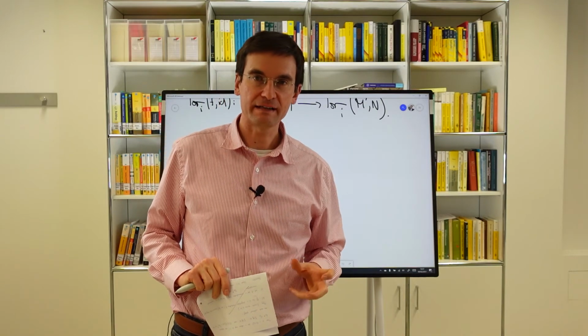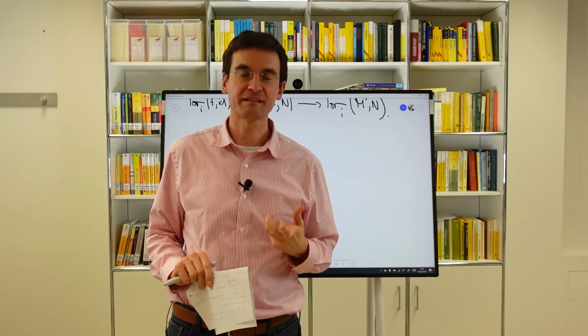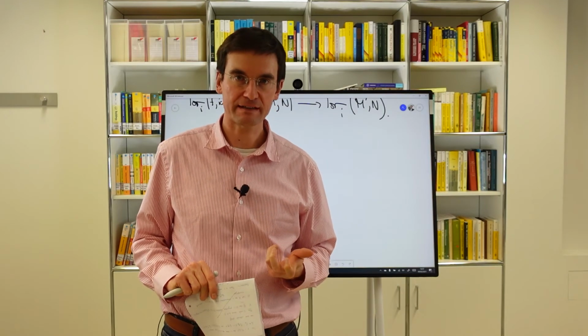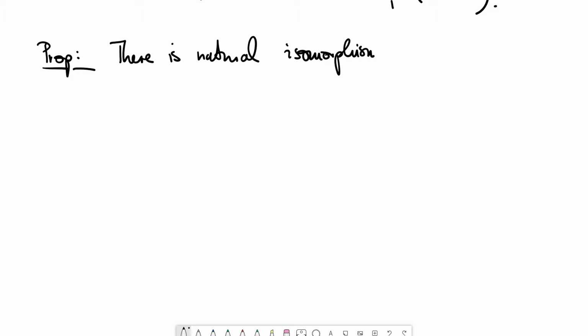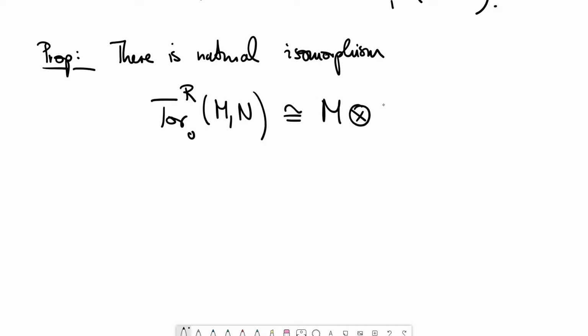So let's now investigate how this Tor functor repairs the defect of the missing left-exactness of the tensor product. So first let's relate the Tor functor to the tensor product at all. Lemma or proposition, this is actually a very easy statement, that there is a natural isomorphism, if you want, in both variables a natural isomorphism of functors between Tor_0(M,N) and the tensor product over R of these two modules.